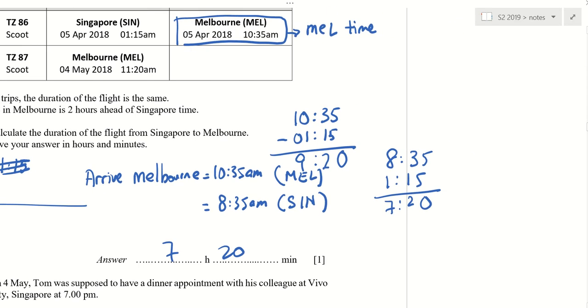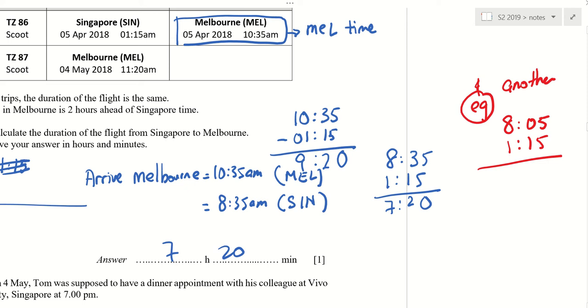Say for example, this is another example. If I have 8:05 minus 1:15. What will happen is this is 0, this will be 7, but this will be 65. Because I don't bring over 10, because 1 hour is only 60 minutes.